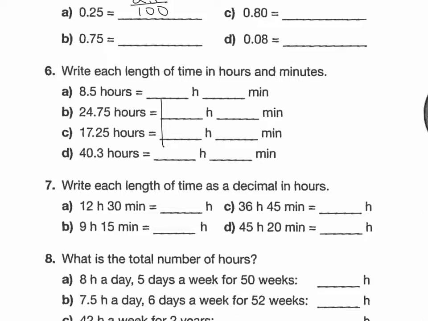Number 6, write each length of time in hours and minutes. Remember that there is 60 minutes in 1 hour. So half an hour, so this 8.5 hours, it's not 8 hours and 5 minutes, it's going to be 8 hours and 30 minutes, because 0.5 times 60 gets you 30.